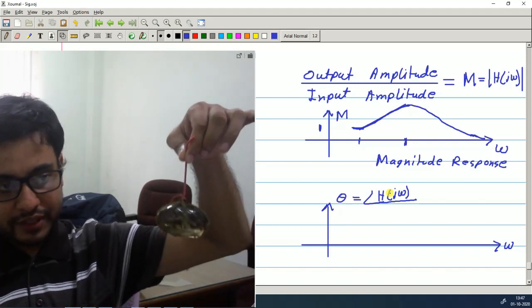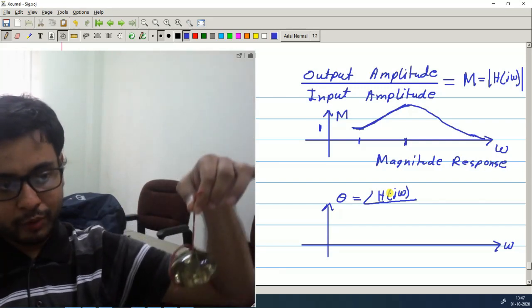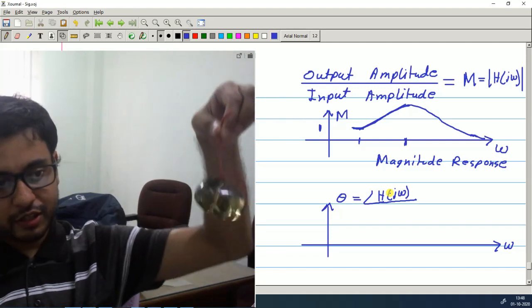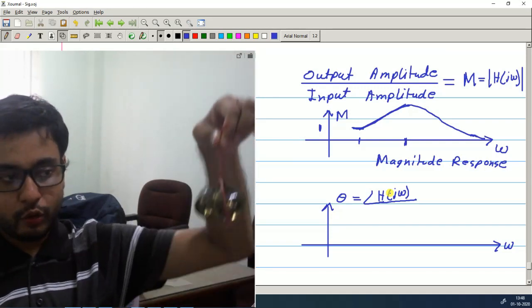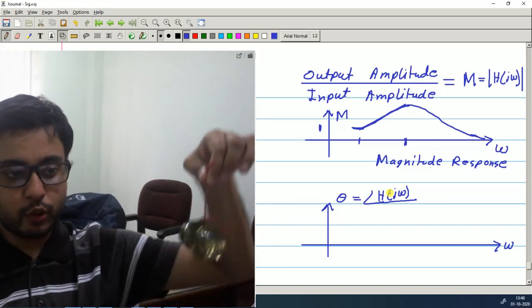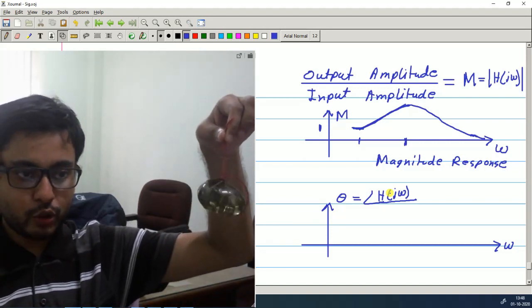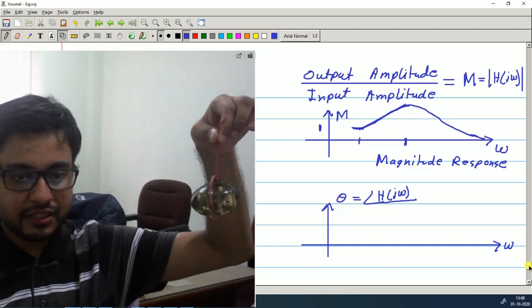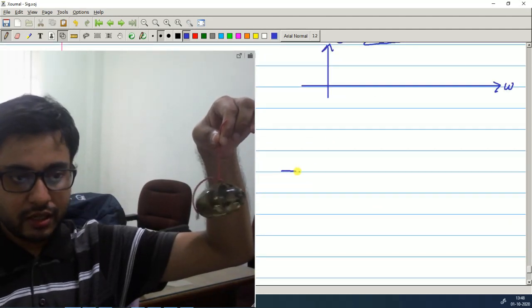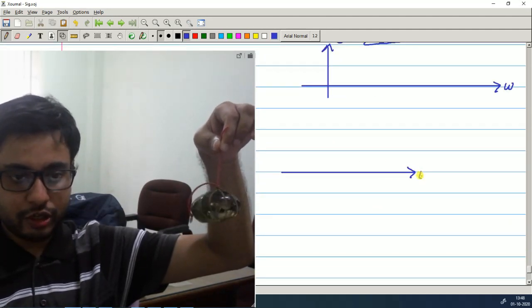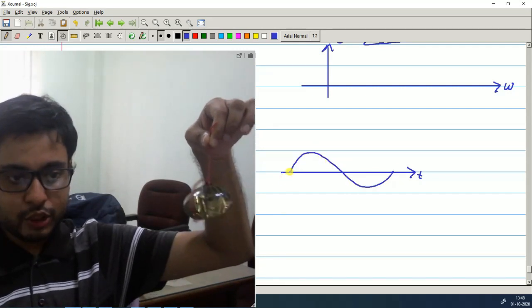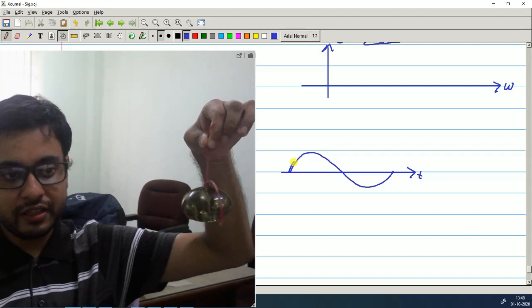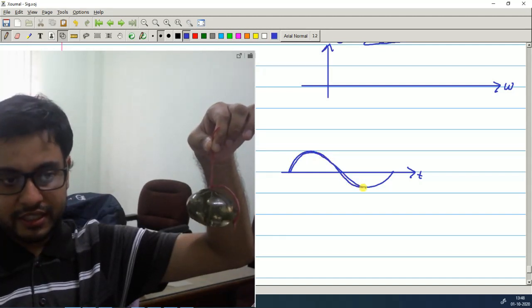At very low frequency, you see they are moving together. When my hand goes up, this weight goes up. When my hand goes down, the weight goes down. Okay, so if my hand is moving as a function of time in this way, then the weight is also moving in the same way.